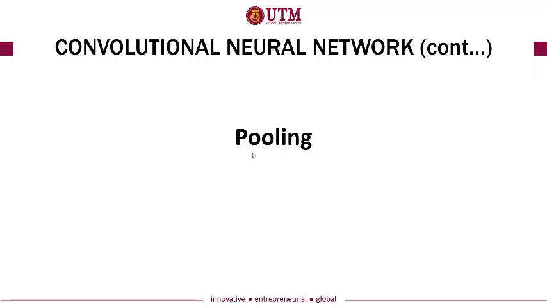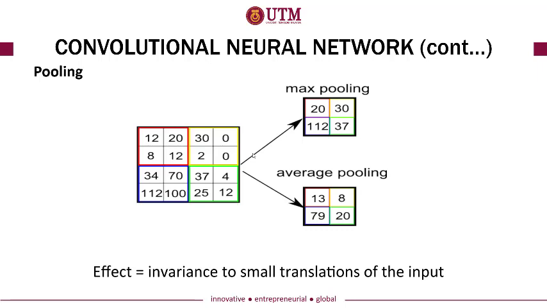So that is the purpose of the pooling layer. And another additional purpose of the pooling layer is to avoid overfitting. Okay, because if you don't have a pooling layer, then you cannot reduce the complexity of the function. Okay, so in general, pooling can be divided into two approaches. One is maximum pooling, and another one is average pooling.